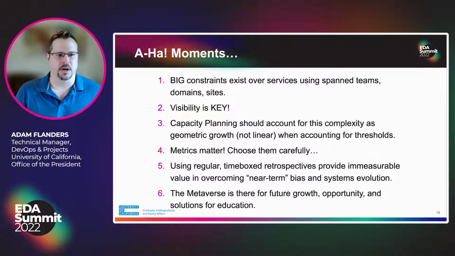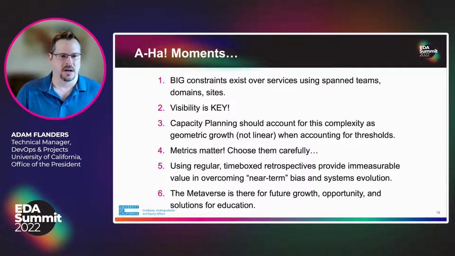Another aha moment that we had was around capacity planning. When doing that, I would definitely recommend that you account for traffic growing at a geometric rate, not linear, when first setting your thresholds.